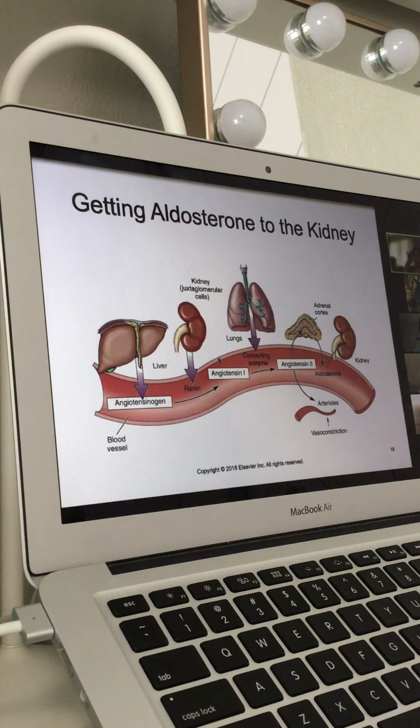So when there is hypovolemia or diarrhea or low blood pressure or low blood volume, the kidney will stimulate the release of renin, when the brain knows that the blood volume or blood pressure is low.